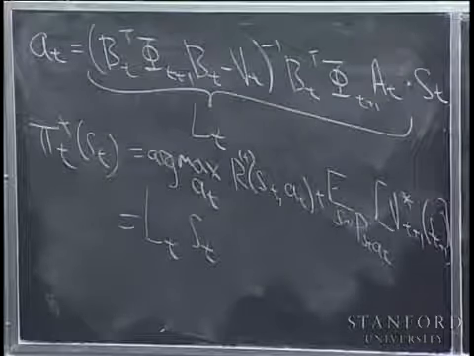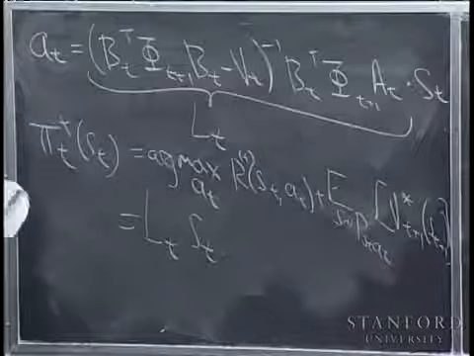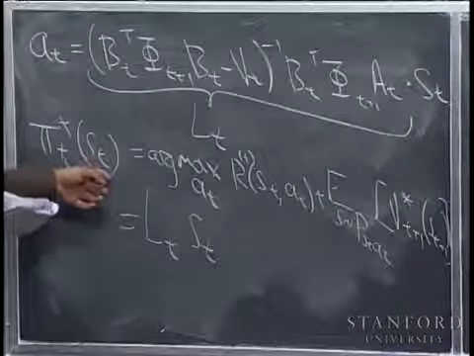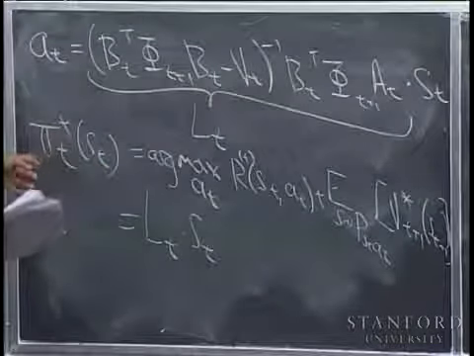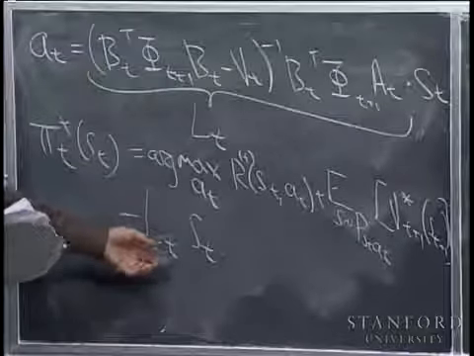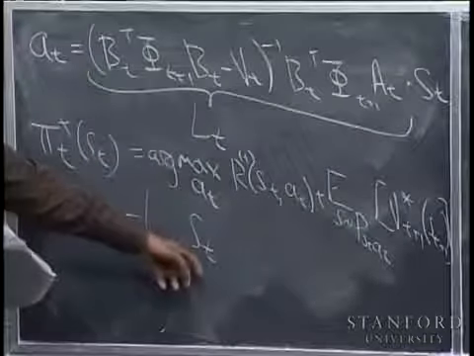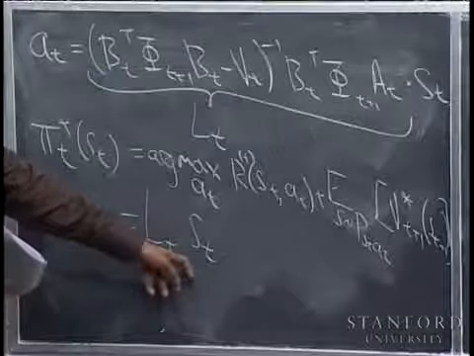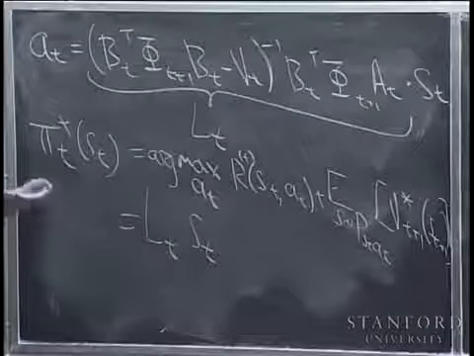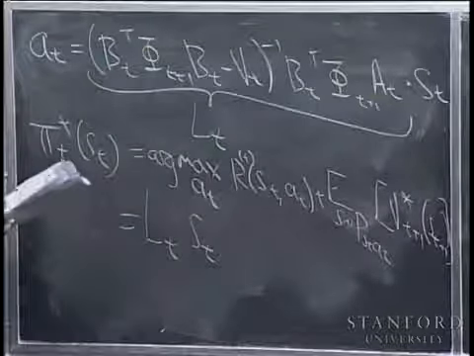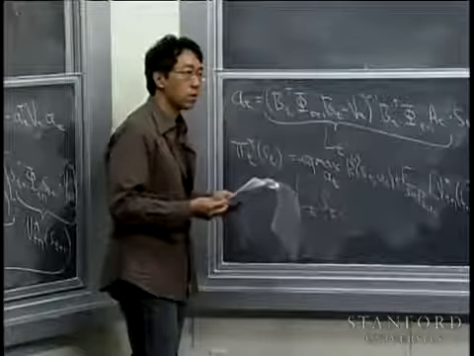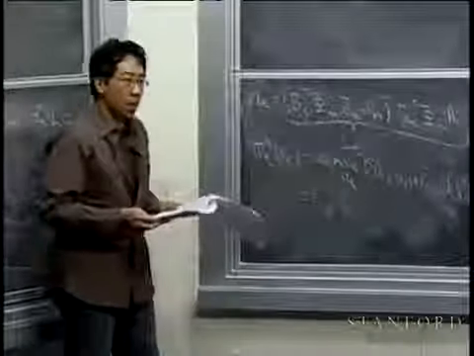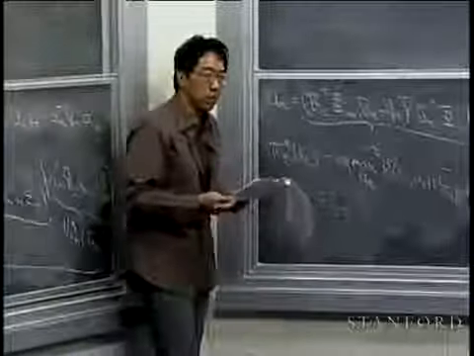And what was shown is that when you're in some state st, the optimal action for that state is going to be some matrix Lt, which you can compute, times the state st. In other words, the optimal action is actually a linear function of the state. And I was just going to point out, this is not a function approximation thing.